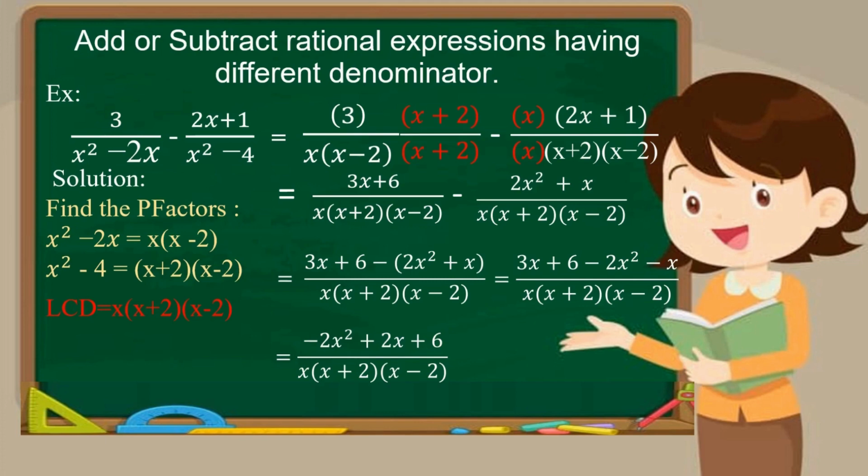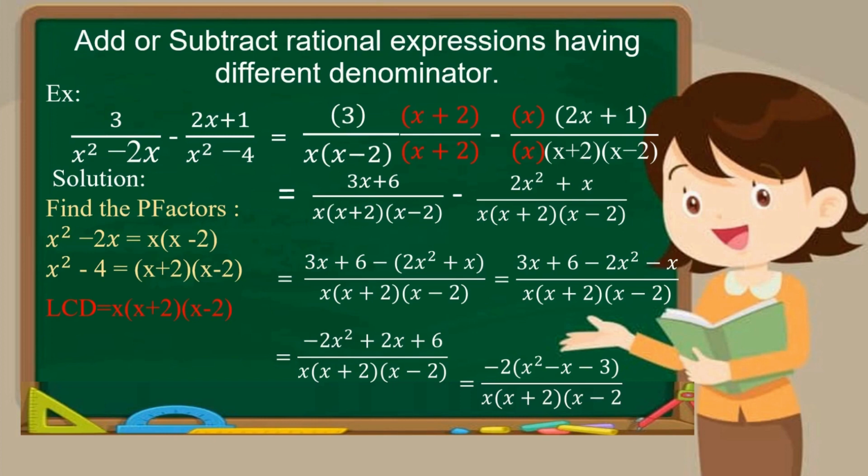Negative 2 doon, may 2 tayo dito, and then 6. Okay, sa variable, wala kasi may x squared dito, x dito, wala naman dito. Okay, tingnan natin. So, i-factor out natin yung negative. Pag may negative, isama natin yung na-factor out. Negative 2 ang common monomial factor natin. And then, write inside the parenthesis the remaining factors.